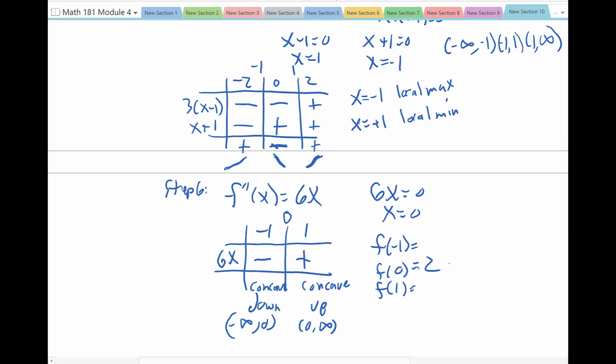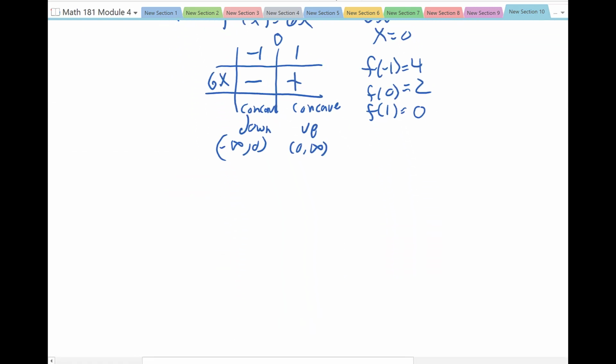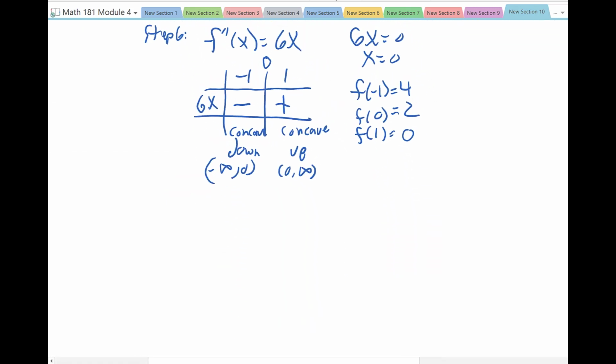Our f of -1 is, I believe, 4. And our f of 1 is 0. So that's one of our intercepts. So let's go ahead and try to graph this thing based off the information we have.